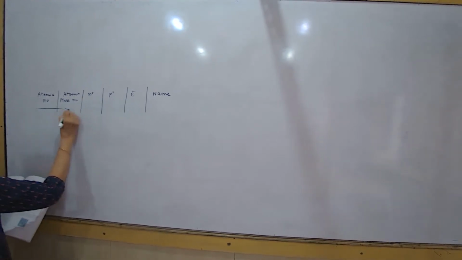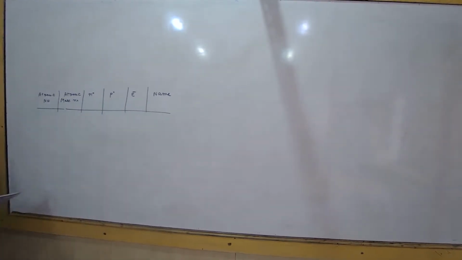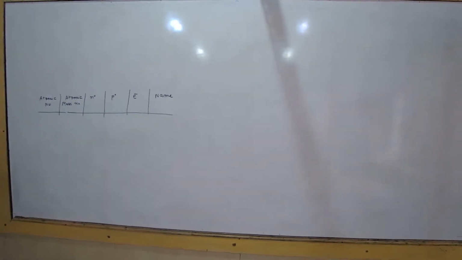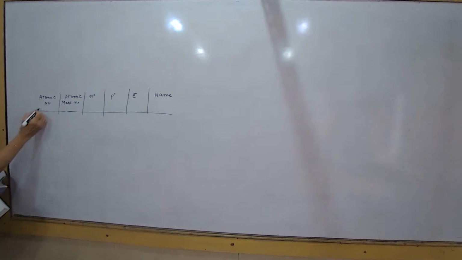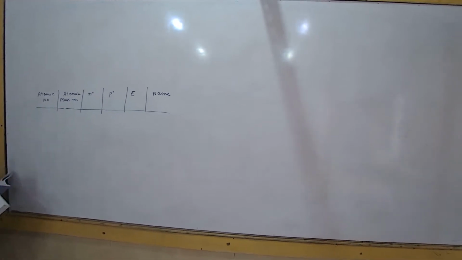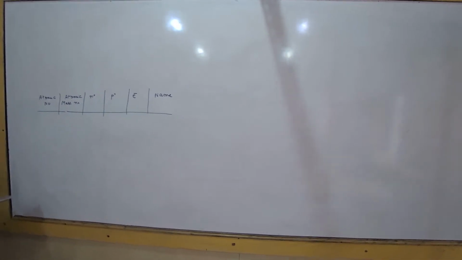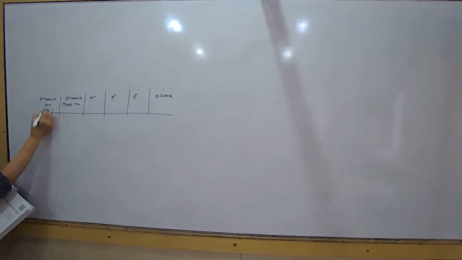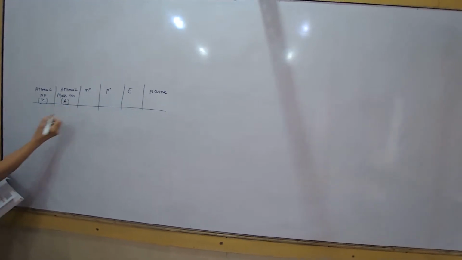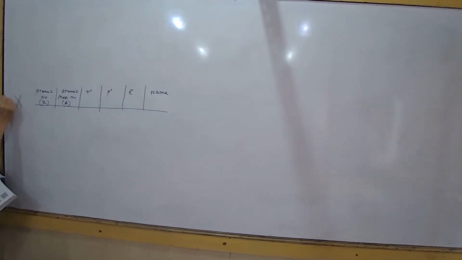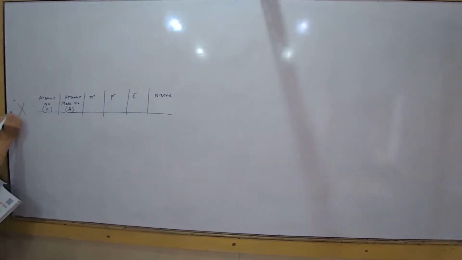So atomic number, first we'll write down. Go according to what I'm saying. What is atomic number? Is it Z or A? Z is atomic number, and A is atomic mass number. I'm writing it down here. Z will come here.